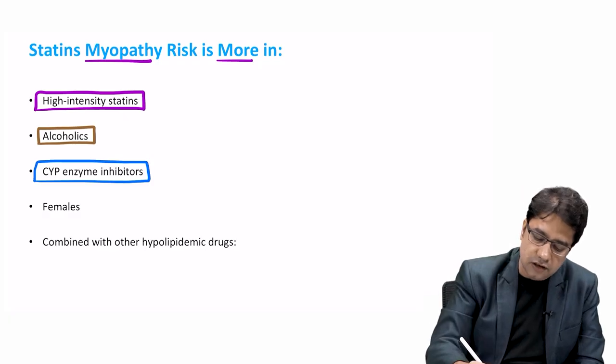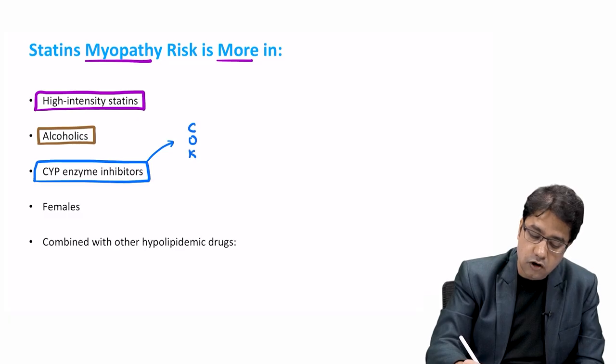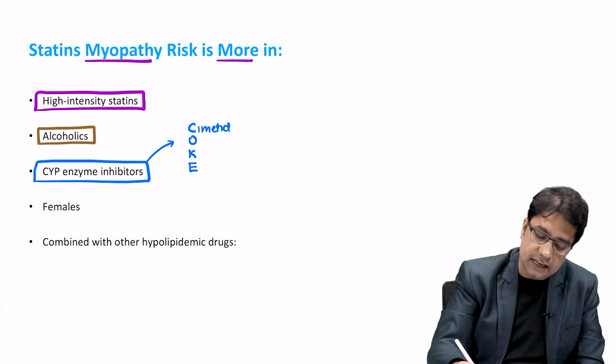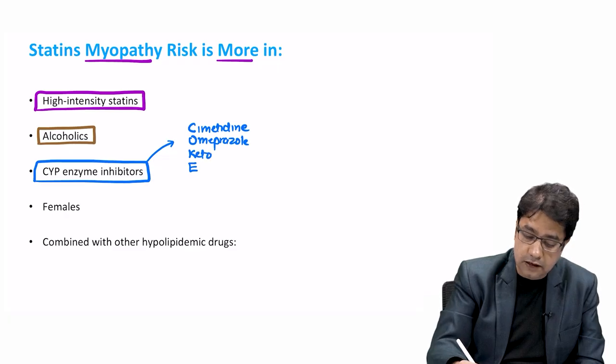Various names of CYP enzyme inhibitors we can remember with the help of a mnemonic: Coke. C for cimetidine, which is an antihistaminic drug. Omeprazole, proton pump inhibitor. Ketoconazole, erythromycin.